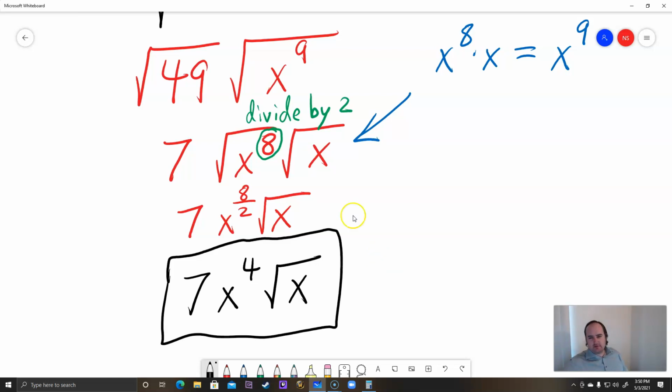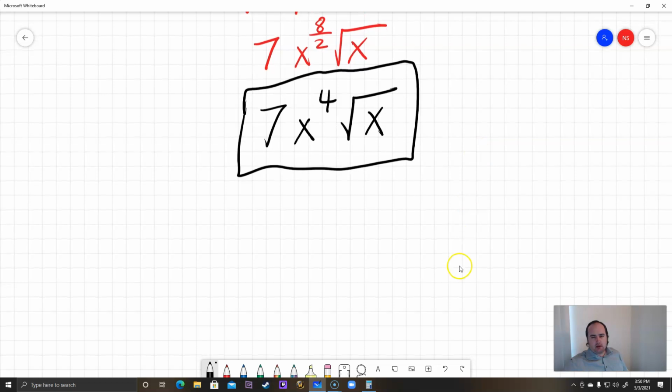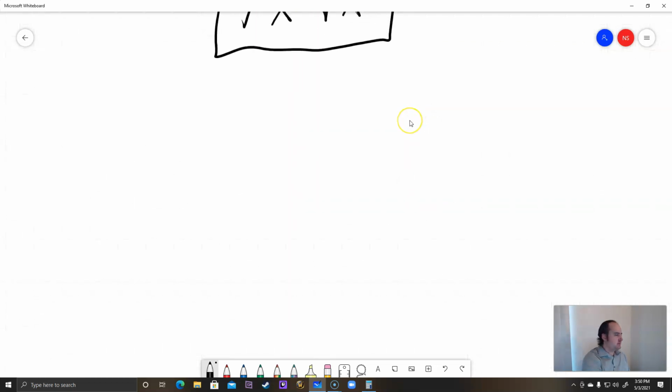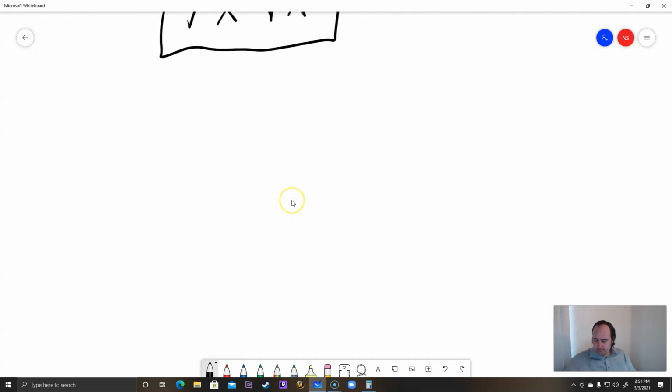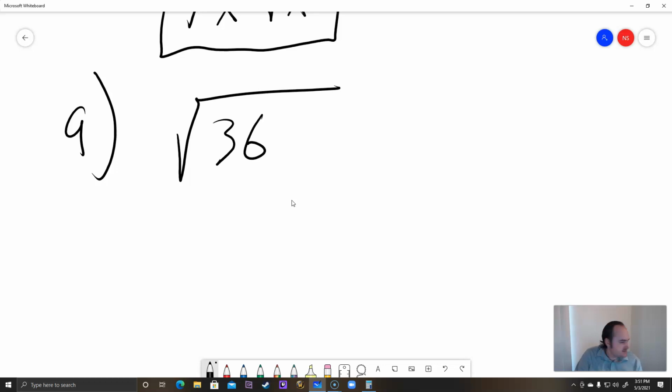Okay, so just to reinforce that idea, I wanted to do another example that involved that. Example number 9: we have the square root of 36 a squared b to the 5th.